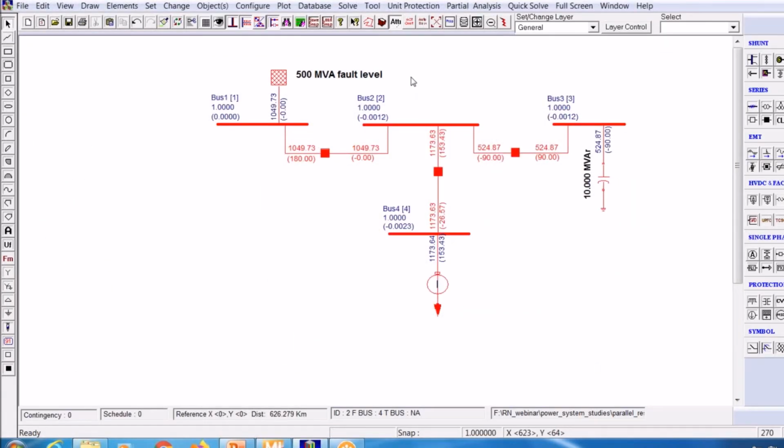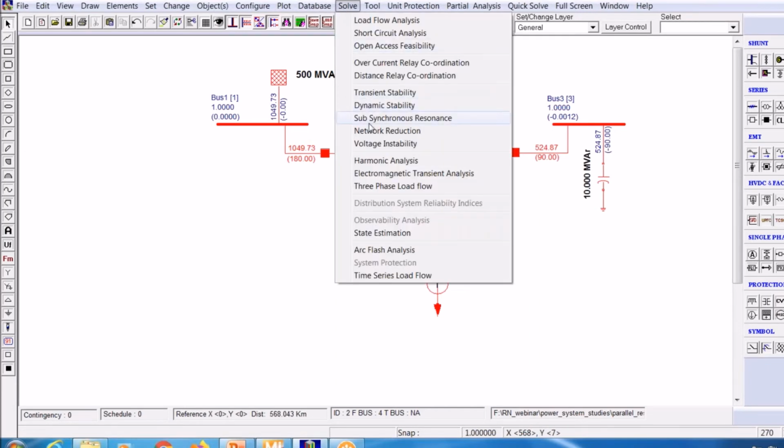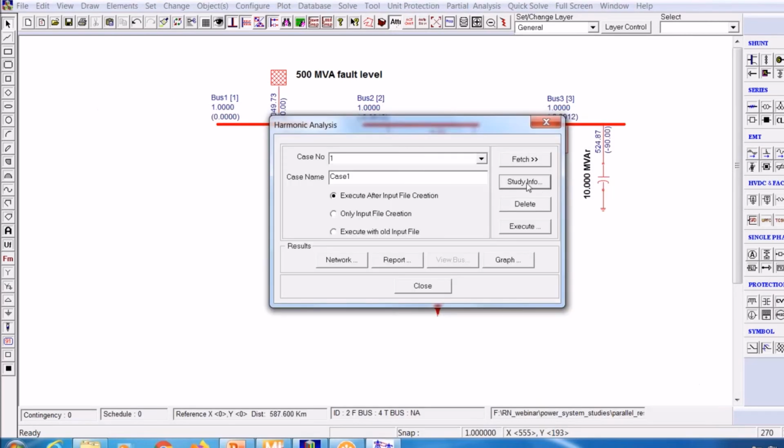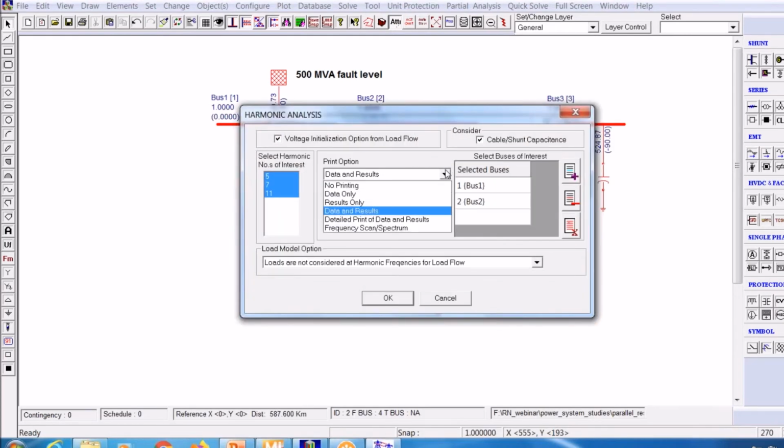Now, again, if you try to see the plot of the harmonic current and then see what will happen, we'll do one more example now. The frequency scan.